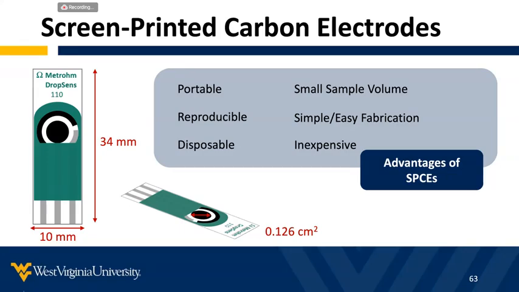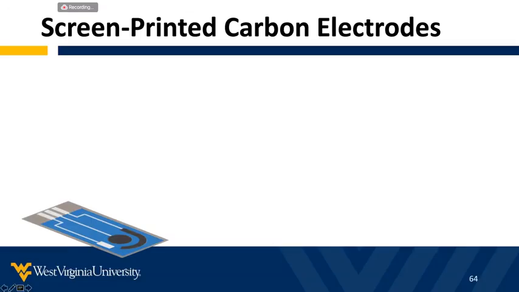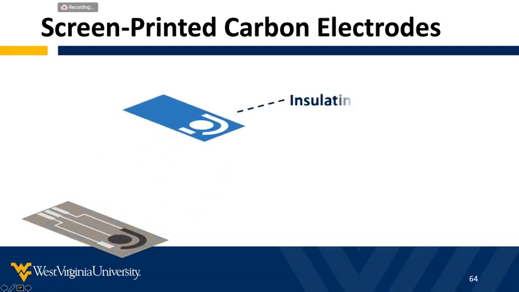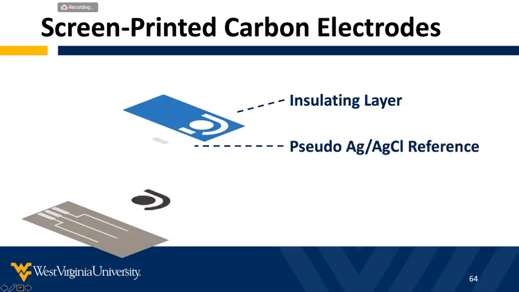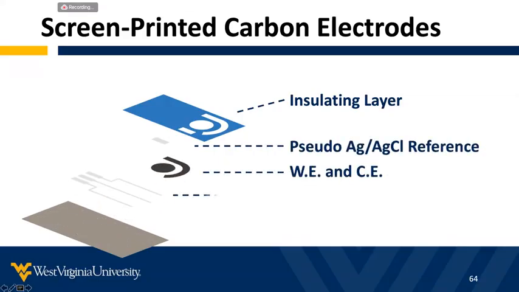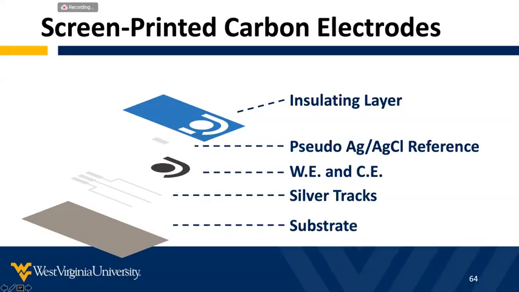As I mentioned, the manufacture of these electrodes is very simple and follows a similar process as those that we use for screen printed t-shirts. Using various different paste solutions, the layers are deposited starting with the creation of the silver tracks onto a plastic substrate. For this process, different mesh screens are used to define the area to apply the paste and then it is left to cure.